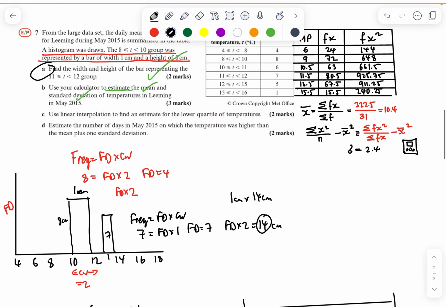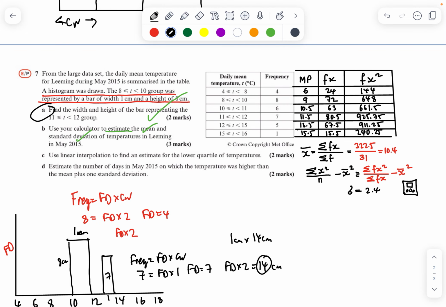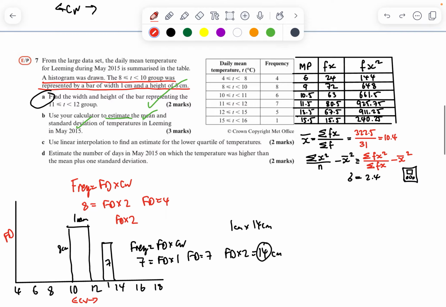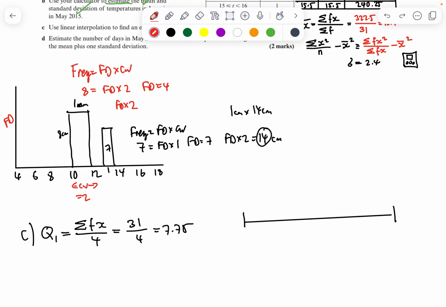So I know that the 7.75th person is going to be in this group, because the first 4 are in the previous group, and the 5th, 6th, 7th, 8th, 9th, 10th, 11th, 12th people are in this group. So on the top, I'm going to put cumulative frequency.